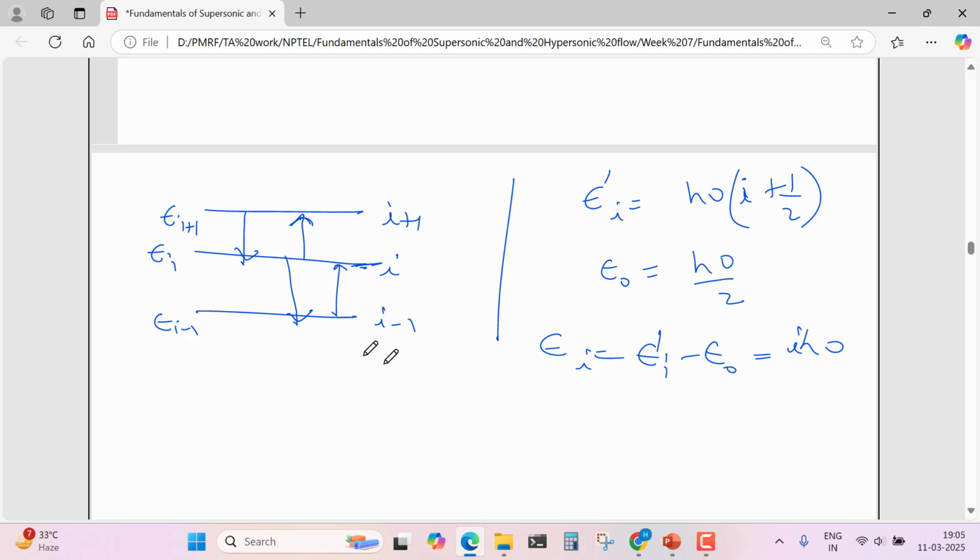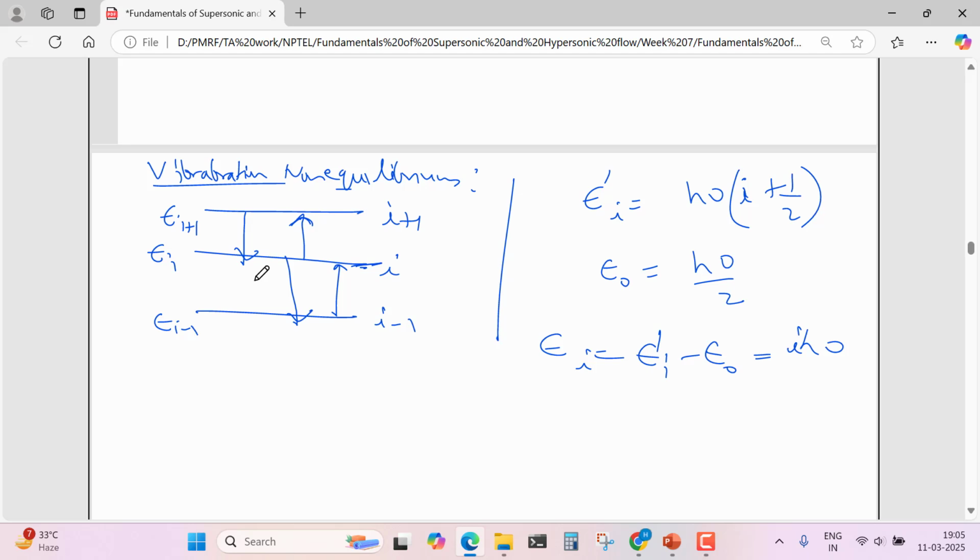So this transition happens due to molecular collisions only. This is vibrational non-equilibrium. So this transition happens due to collisions only, but not all collisions will be responsible for this transition.